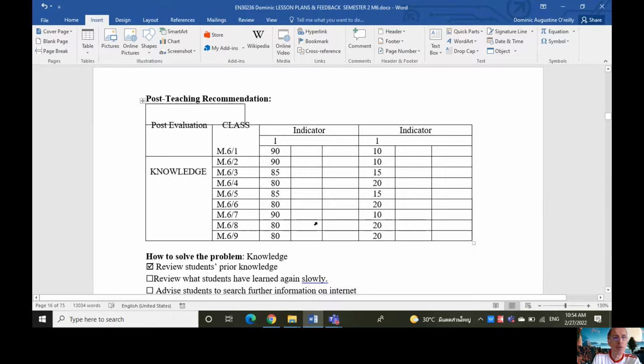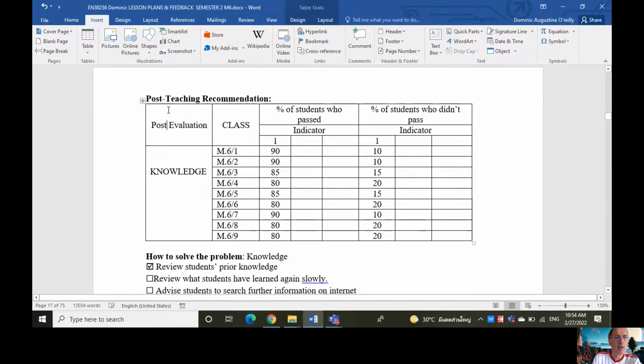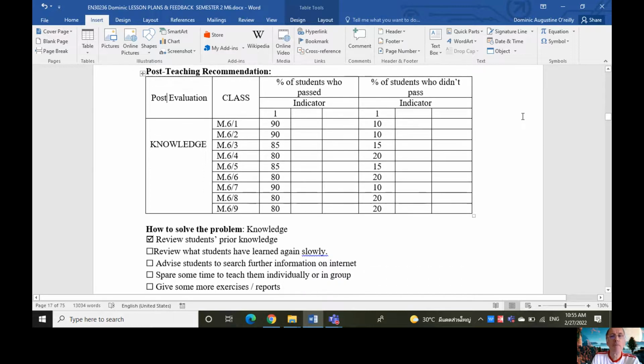Now, sometimes you'll see words like to bounce around a little bit. So if you just click in there, it'll all come back to how it should be. Now, so here we have to add the students who passed and the students who didn't pass. So in my experience, 6-1 is a good class.